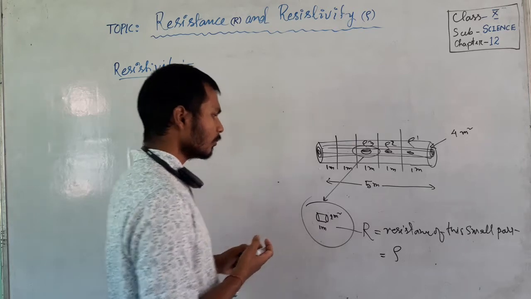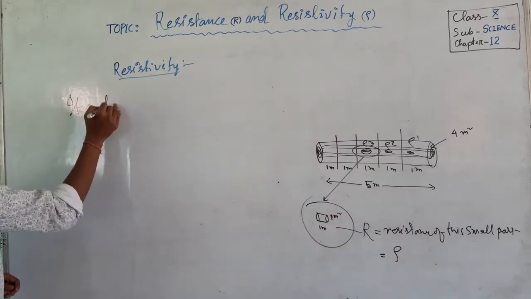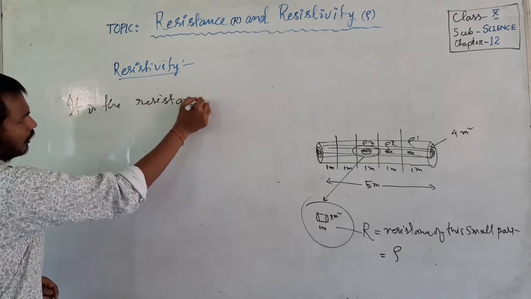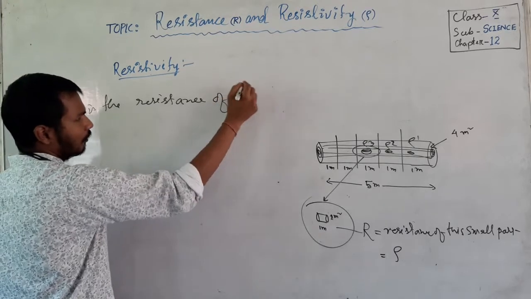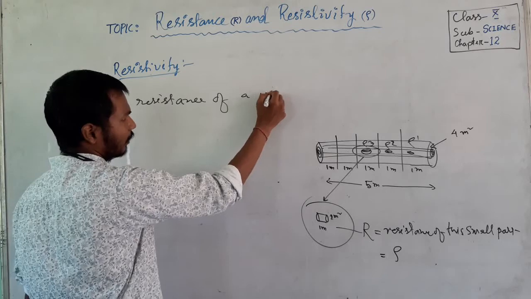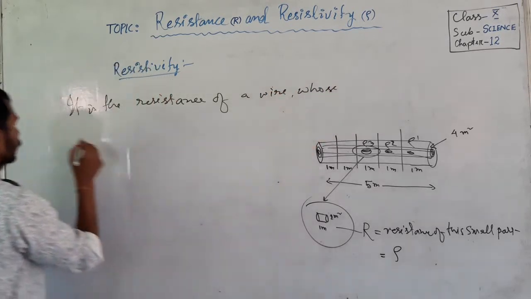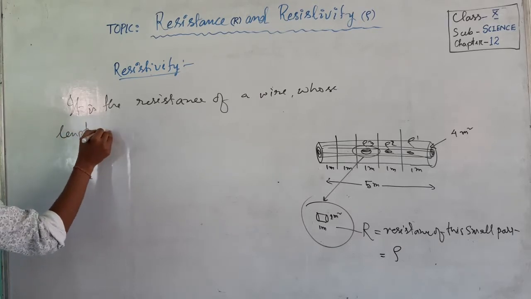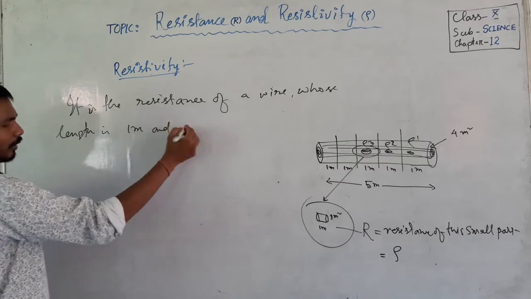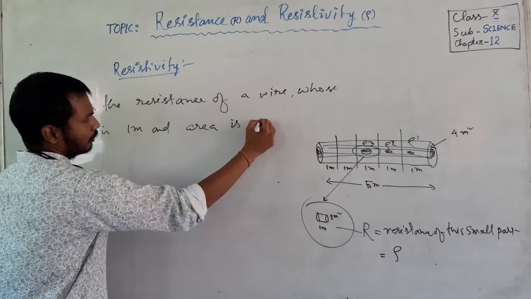Okay, so now resistivity is defined as the resistance of a wire whose length is 1 meter and area is 1 meter square.